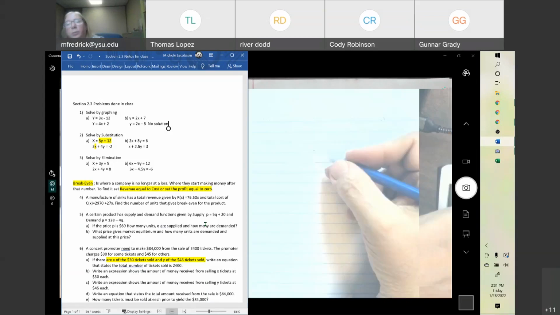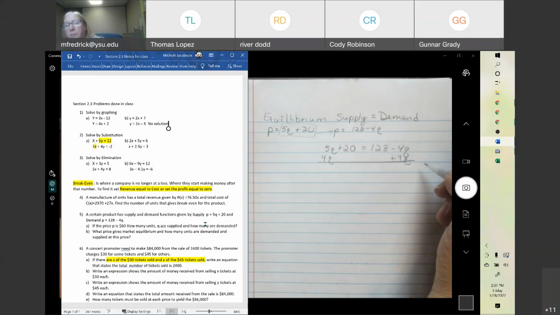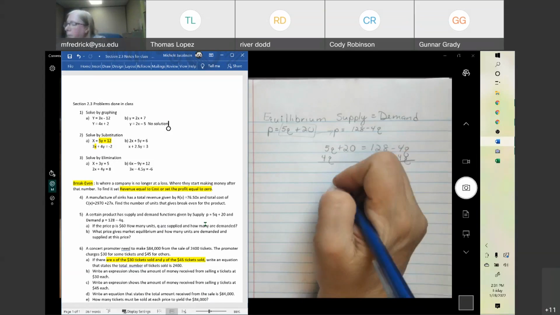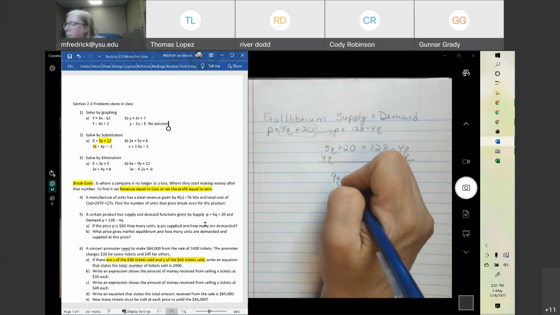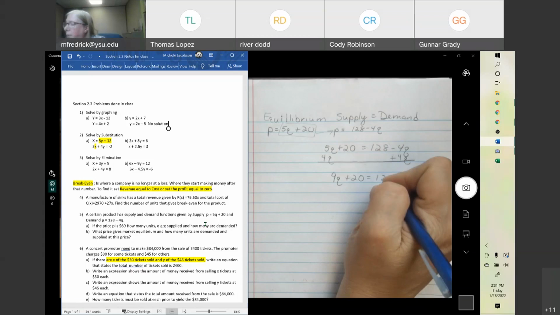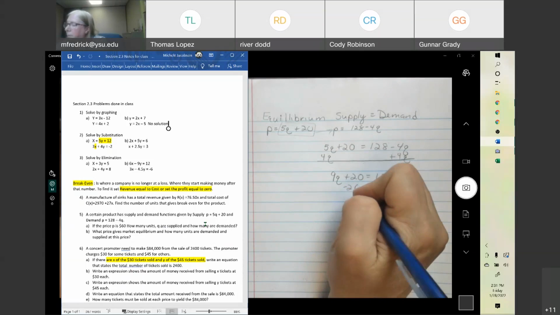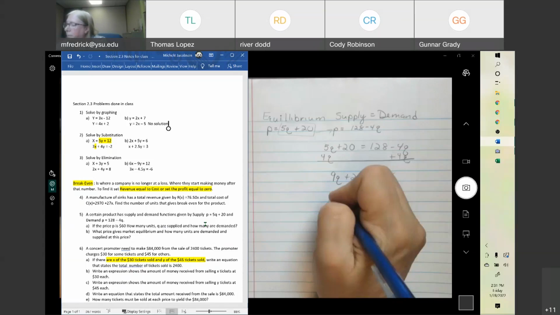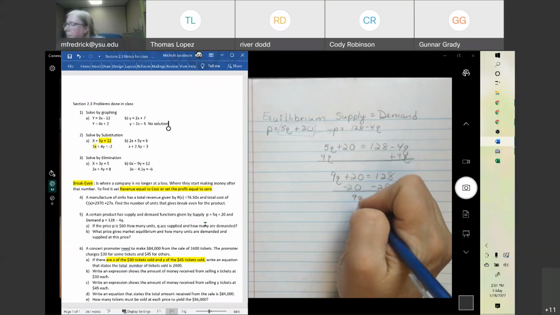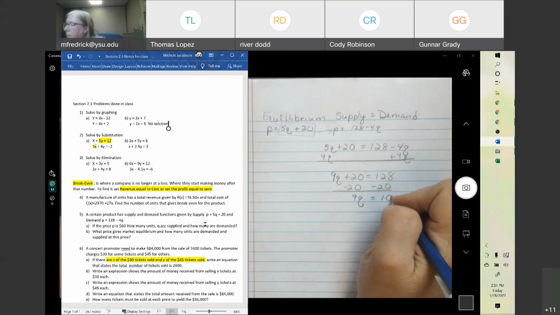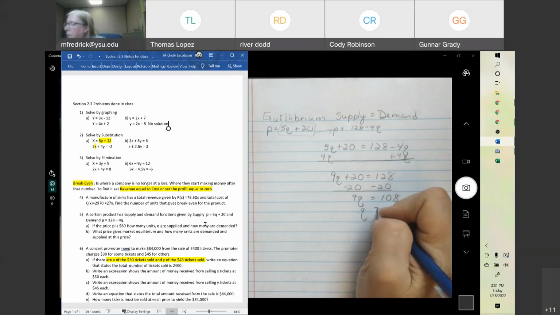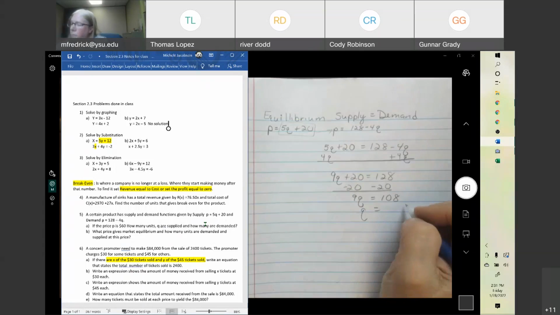Now, if you can subtract the 20 at the same time, definitely do that. We have 9Q plus 20 equals 128. Subtract the 20. And divide by 9.